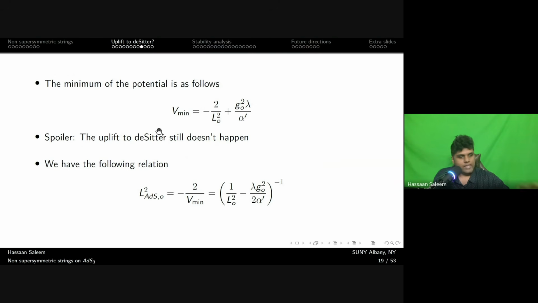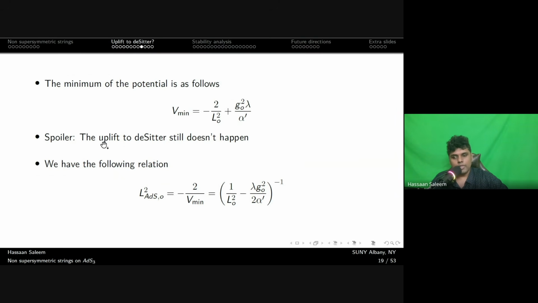Now, if you take those solutions that I showed you earlier and put them back in the potential, you get the minimum of the potential as a function of LO and GO. You can see that the minimum of the potential now has a negative part, but it also has a positive part, and this positive part came from the one loop correction. So there is hope that you can get de Sitter uplift.